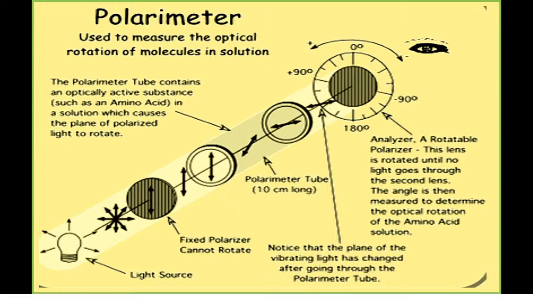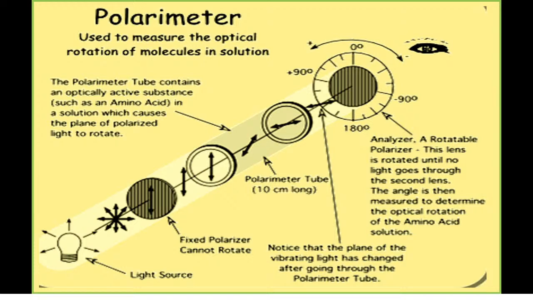So you take the handle and rotate the analyzer to obtain the dark field. This rotation compensates the rotation of the light done by the optically active substance.